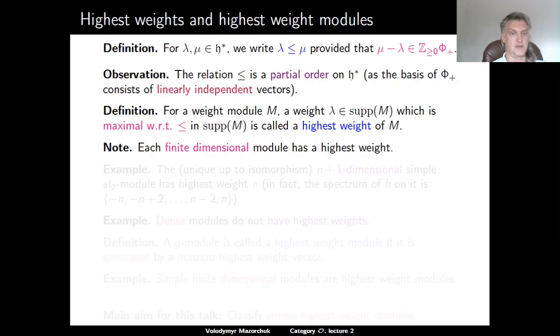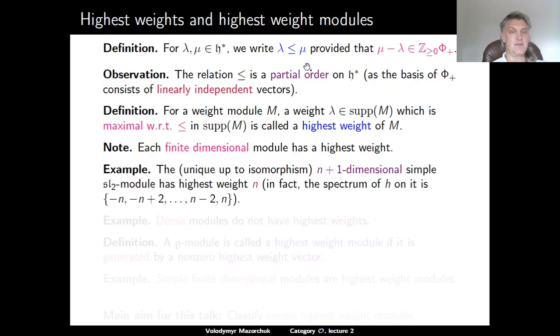So for example, if you consider the Lie algebra sl2, for each n there is a unique n+1 dimensional simple sl2-module, and this module has weights n, n−2, n−4, and so on. The algebra sl2 has a unique positive root, which is 2.